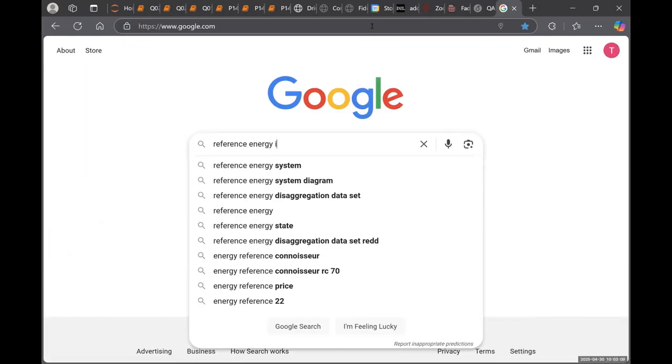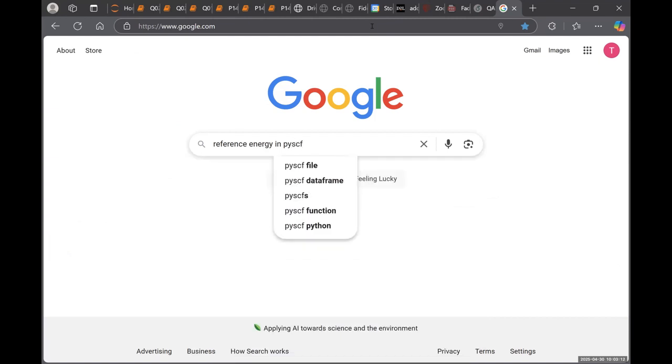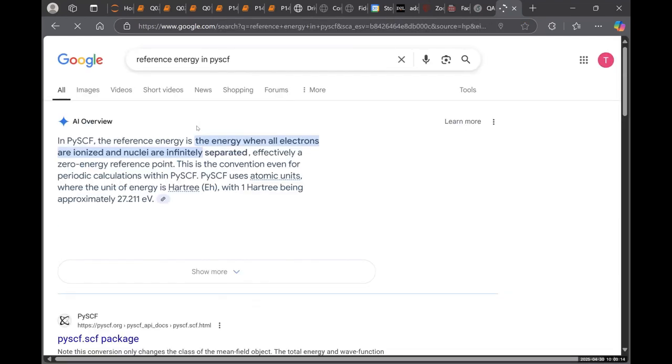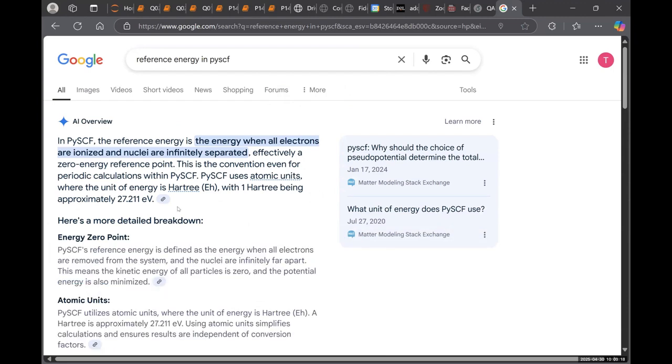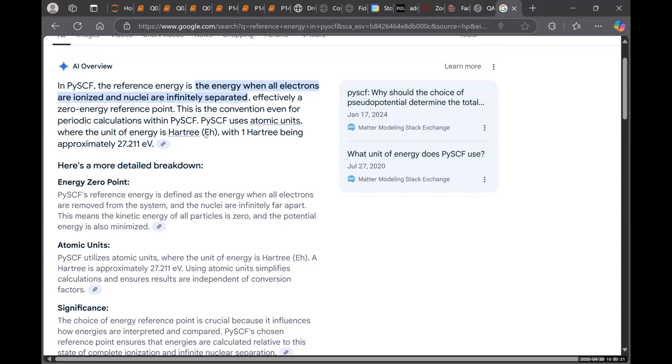This is from AI: reference energy is the energy when all electrons are ionized and nuclei are infinitely separated, effectively a zero energy reference point. Okay, this is the convention even for periodic calculations.